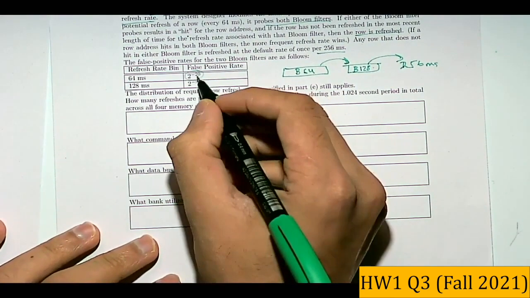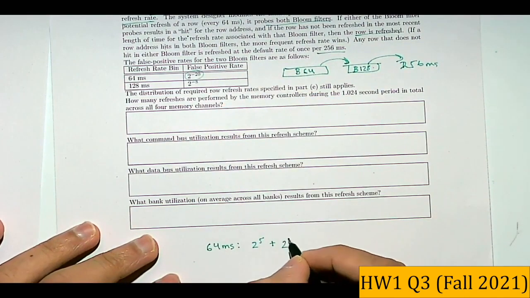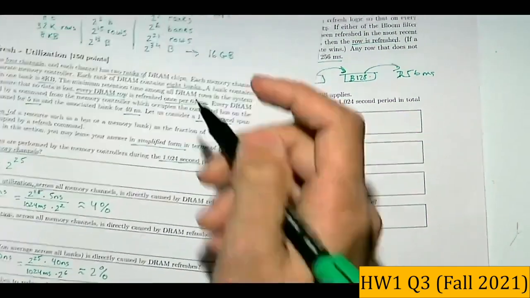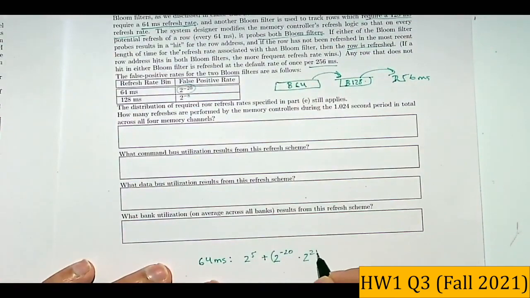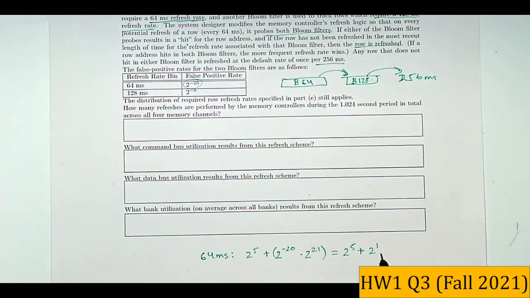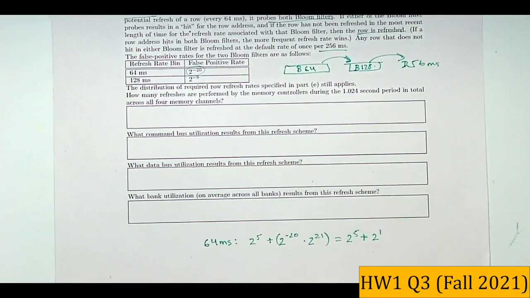So the probability that an address will become a false positive is 2 to the minus 20. So we have 2 to the minus 20 times the total number of rows in the system, right? And the total number of rows is 2 to the 21. So that is actually just 2 to the 5 plus 2 to the 1. And so this is the number of rows that'll end up having 64 millisecond refresh because of the false positive rate.